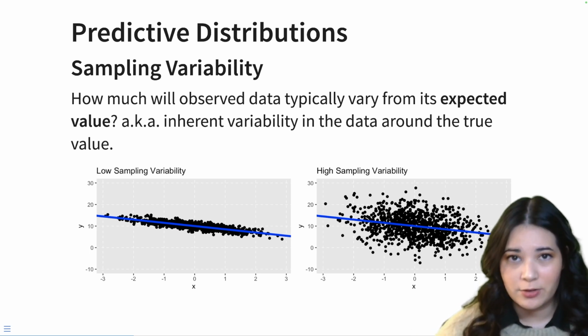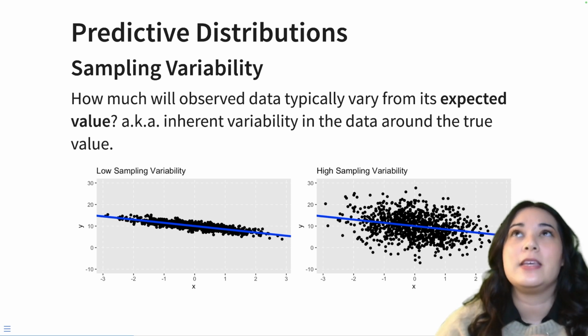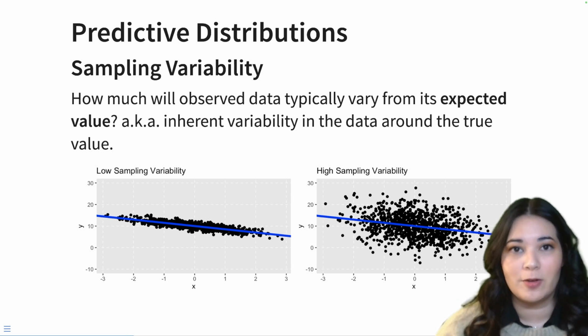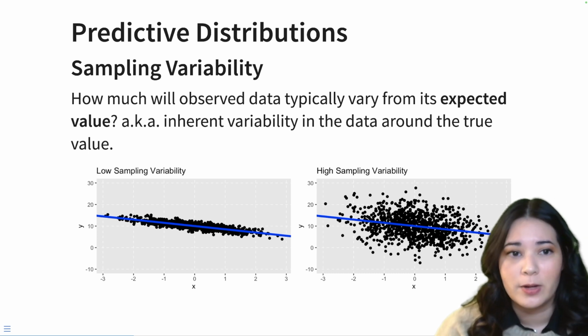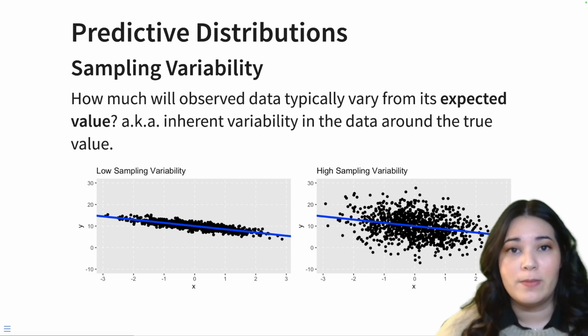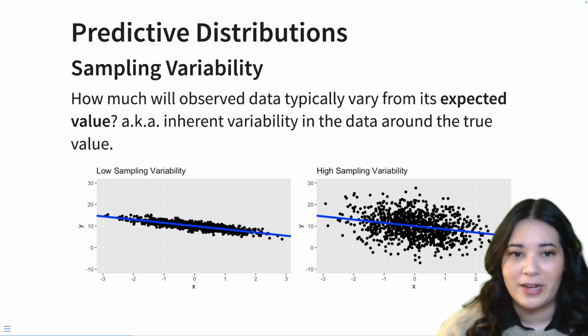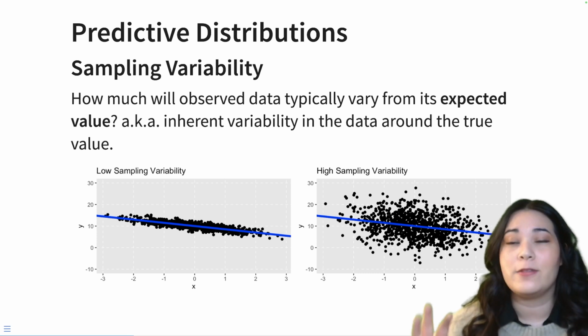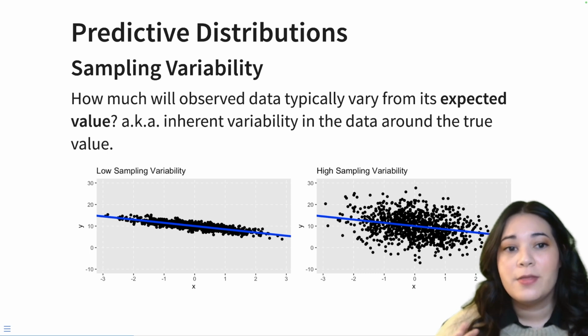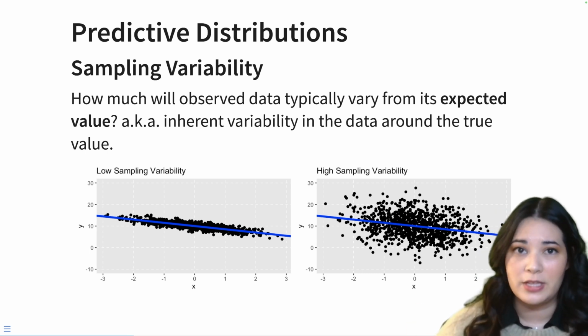No matter how much we increase our sample size, even if we had the exact perfect regression line that perfectly described the relationship between our inputs and our outputs, sampling variability would remain constant because it's this inherent randomness of data around their expected value. And even if you have the exact correct model, that variability will still be there. But it is still important to include this variability when we're making predictions.